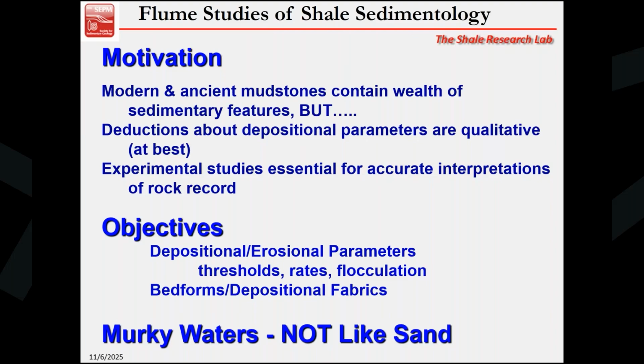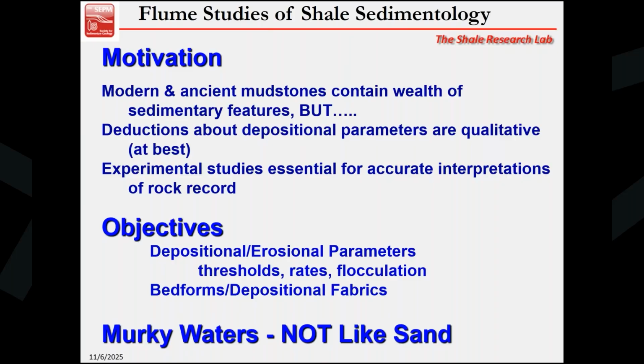And so it was obvious that we need to do experimental studies in order to get the wherewithal to make accurate interpretations of the rock record with respect to flow velocity, bed shear, and things like this.